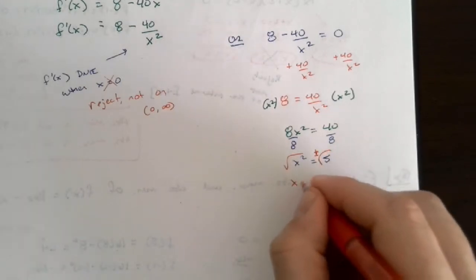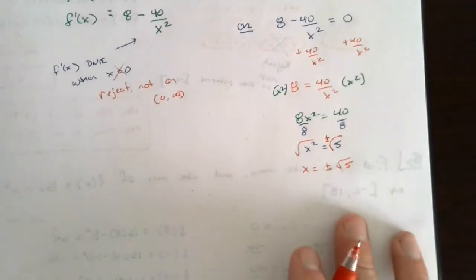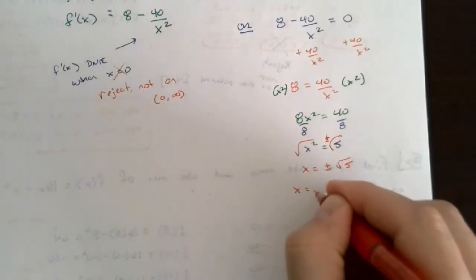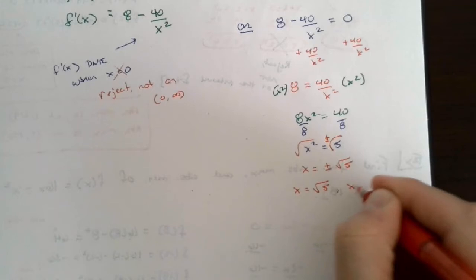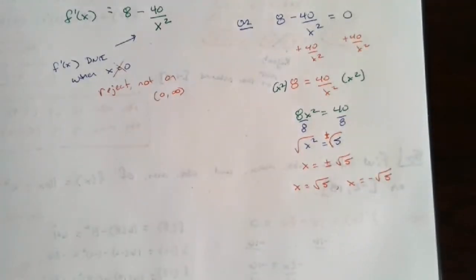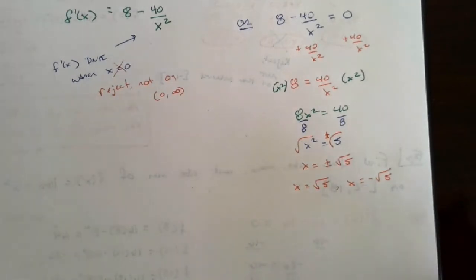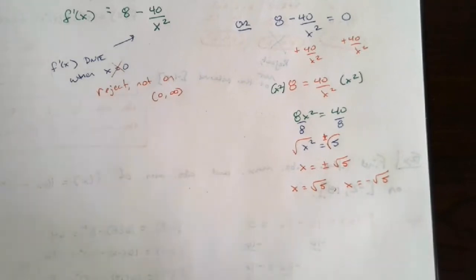So we have x equals plus or minus the square root of 5, which is really two answers. Make sure you know that, right? It's x equals the positive square root of 5, and x equals the negative square root of 5. Again, it's okay to leave it as an irrational number. Square root of 5 is the exact value, though. You don't want to give me a decimal here.